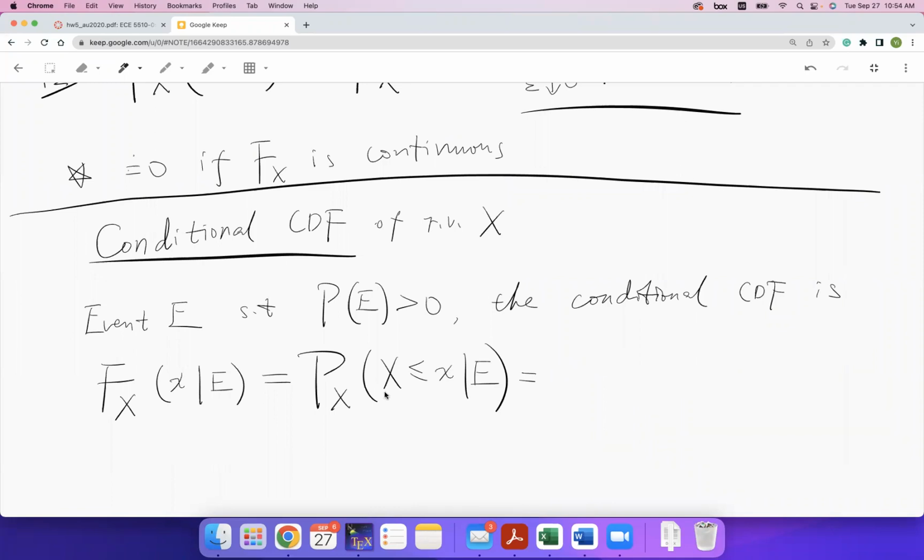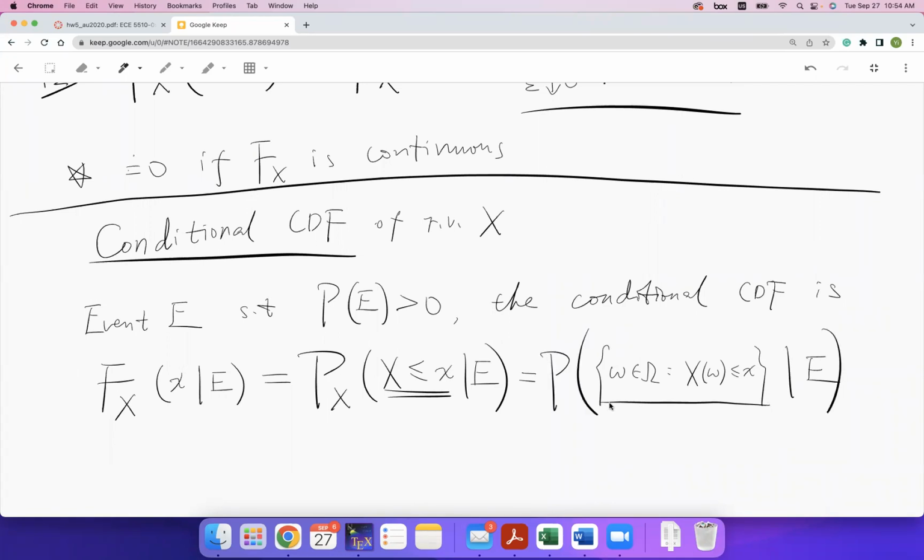This event corresponds to the set of omega such that X(omega) is less than or equal to x. And this is an event in the original omega space. So we can talk about the conditional probability of this event.